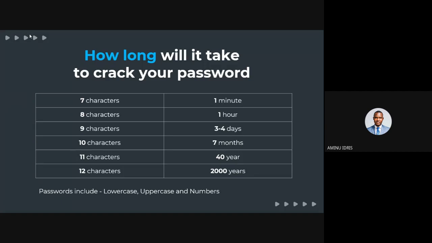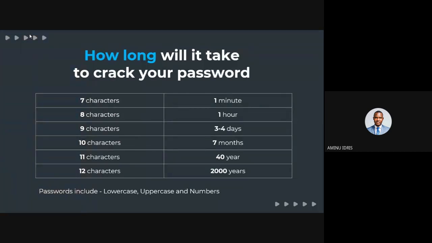And what most of you don't know when creating that account is this: you visit an online service that requires you to create an account, and the password you intend to use, let's say for my case, I decide to use my name, Aminu. If I use Aminu as the password, that password is going to be hashed.